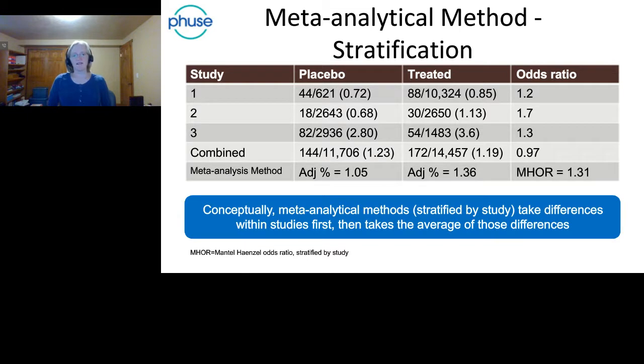So you look at the odds ratios for each study, and then take some type of average across those odds ratios, as opposed to adding up your little n and big N's first, and then taking that odds ratio. So it's just an order of when you process the data. Stratification by study means you're first looking at your metric within study, and then taking some type of average of that metric. That is the concept of stratification, and it's very important for our integrated analyses.